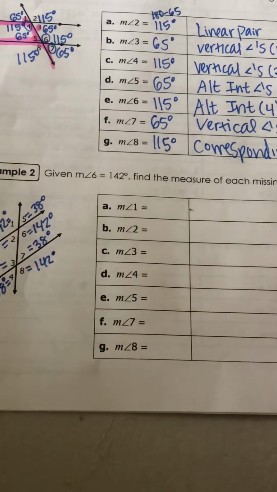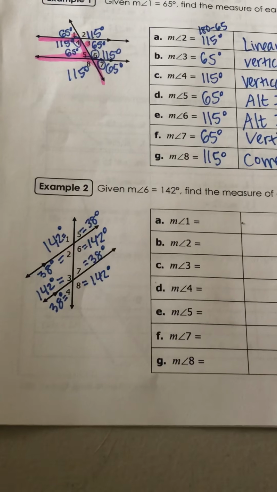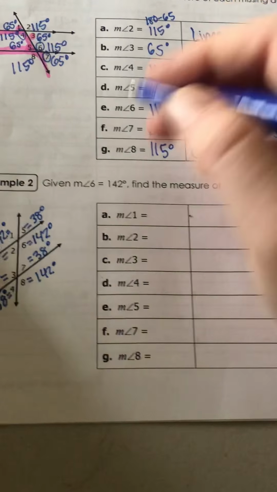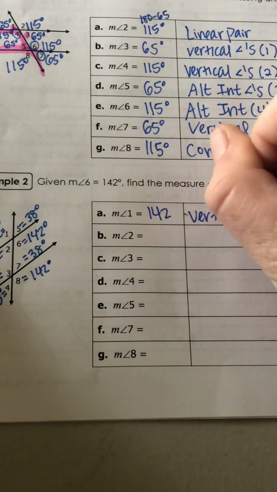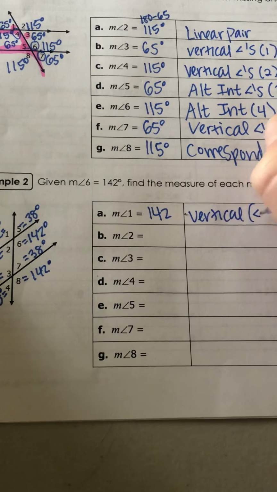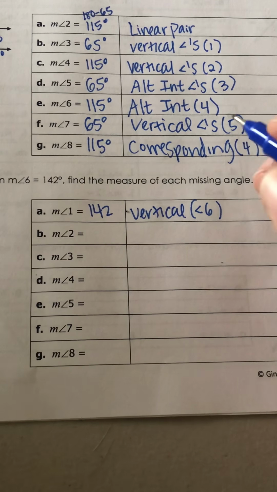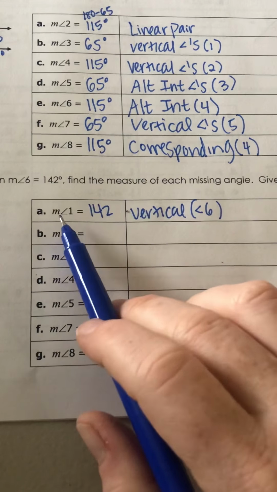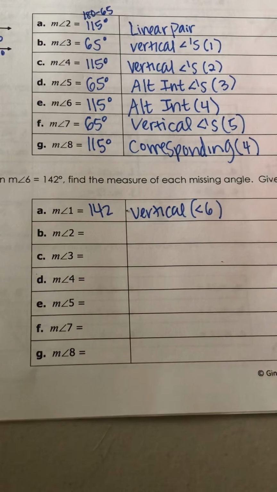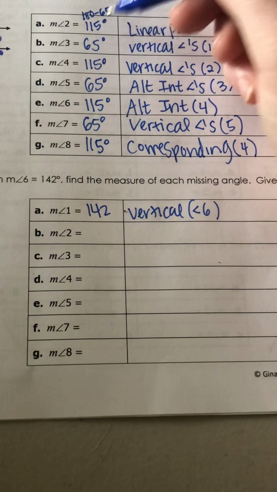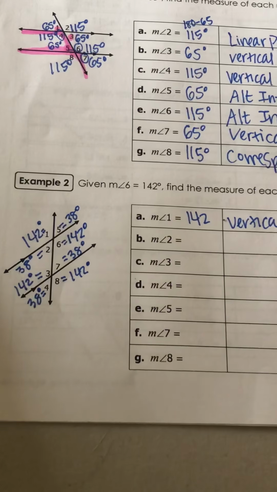So angle 1, if you look at angle 6, that's what we have to compare it to. Those are vertical angles, so vertical with angle 6. Sorry, when they say the measure, you should just be writing the amount, not the degree. So technically all of those should have just been the amount, but it's totally fine.